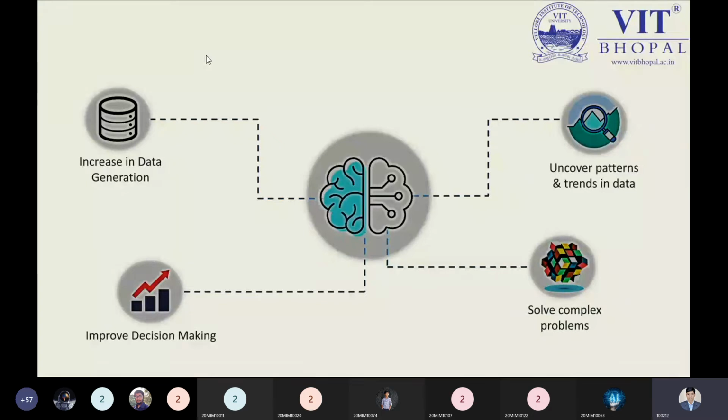With the help of machine learning, I can read the uncovered data which are not readable by human beings in a simple way. So I can apply such data to solve my problem. That is, the trends in the application or trends in the data. So I can uncover some patterns which are not easily readable by human beings. That is an easy thing.